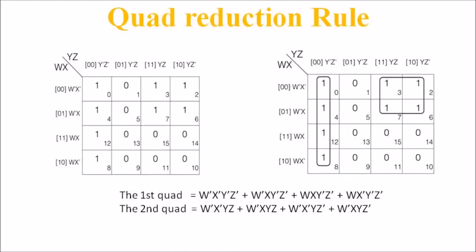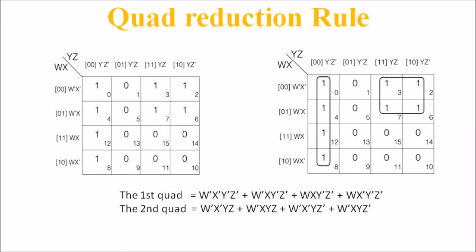When we are considering the second rule, that is the quad reduction rule, let us consider the following 4 variable K-map. Mark the cells as quads. That means the cells should be marked with a set of 4 having the value 1.